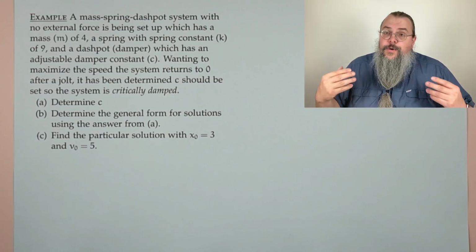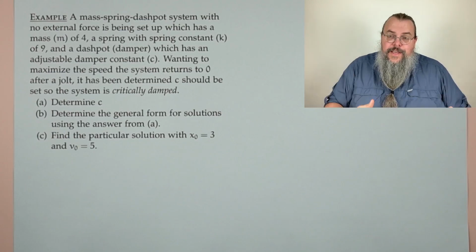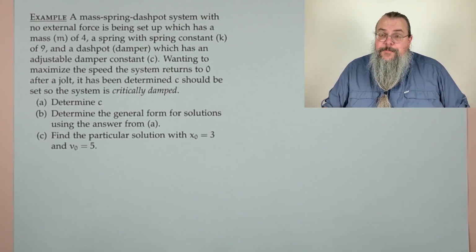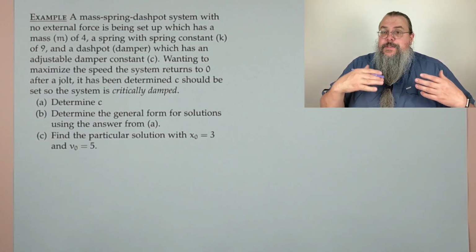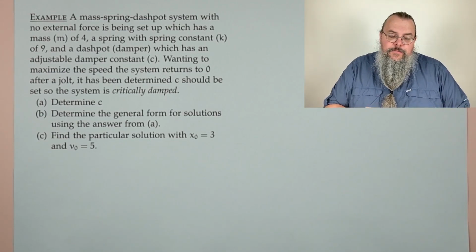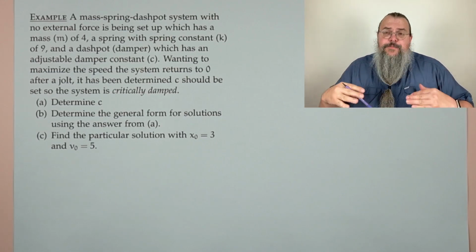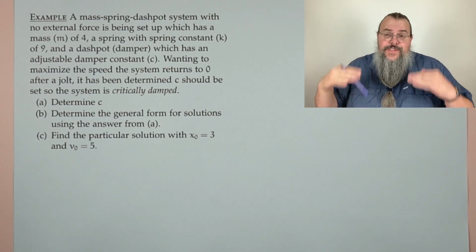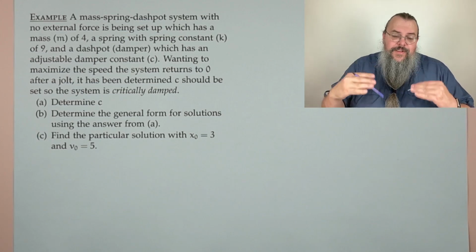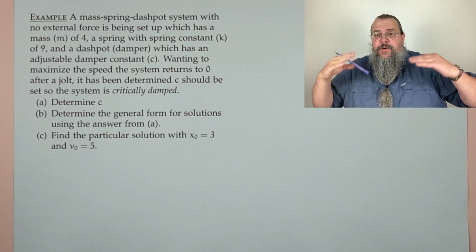And so it's asking us to do a couple of things here. Part A, determine c. Now, if you remember what we just talked about, this can be very quick, but even if you don't remember, you just sort of start saying, okay, critically damped, repeated roots. It's the sweet spot. It's that one case where it's unambiguous, because over damping, there's lots of ways it can be over damped.